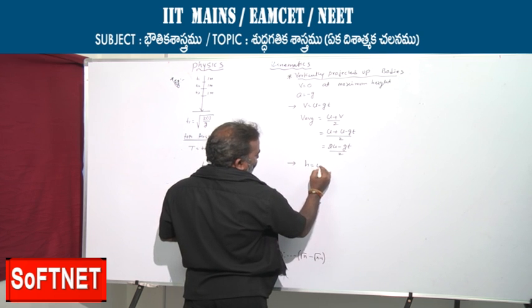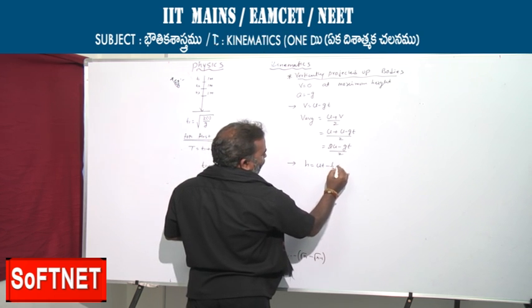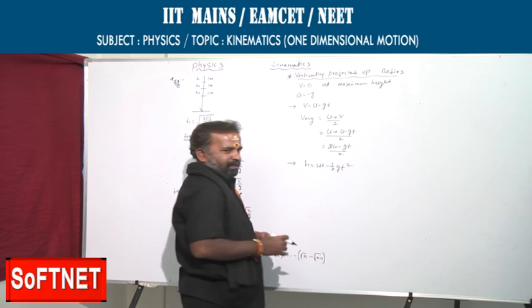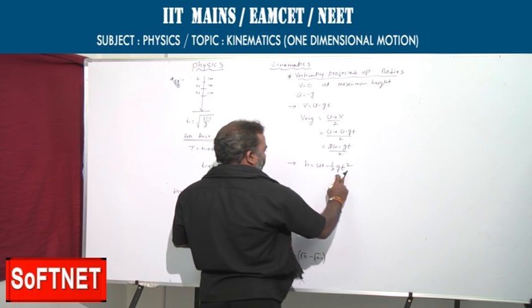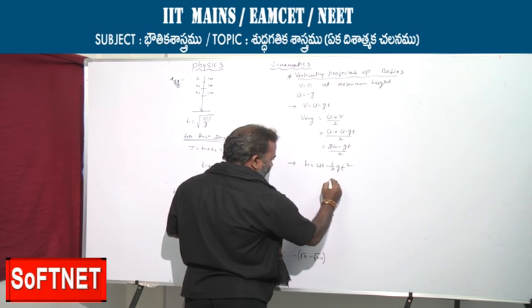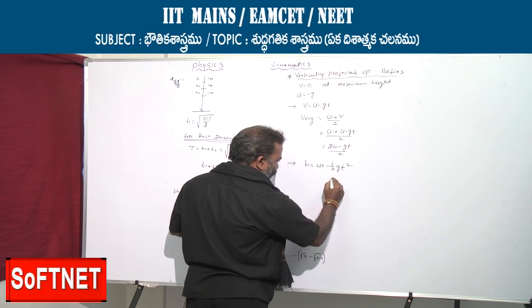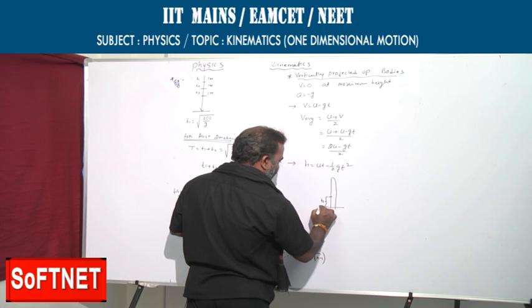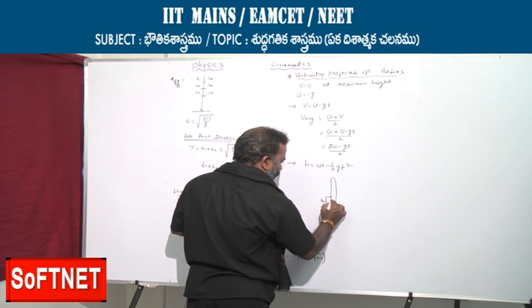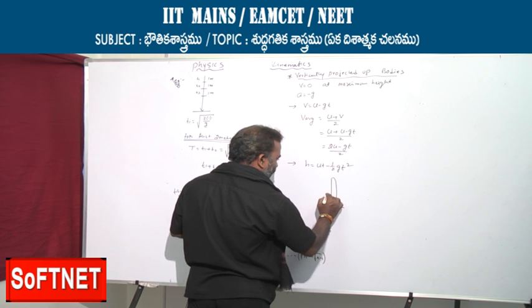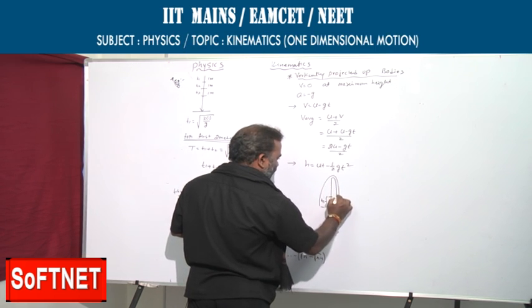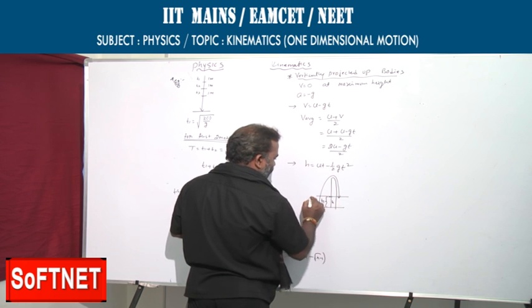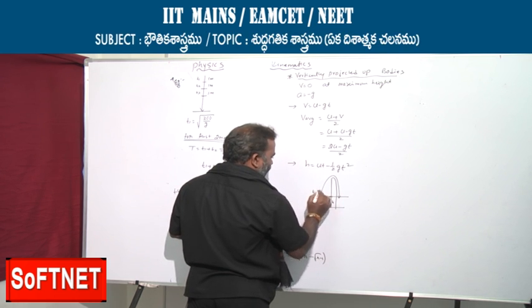Now h is equal to ut minus half gt square, the second equation. The t square means the body will be at the same height twice in total motion. Going up it will take t1 seconds, and in the return journey also it is at height h. While returning it will again be at the same position after taking t2 seconds.